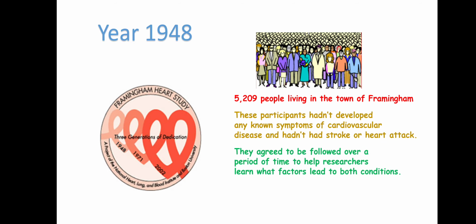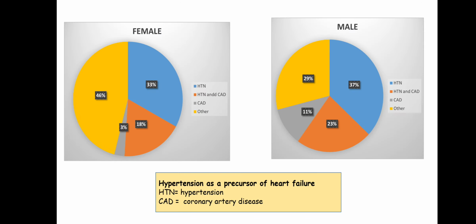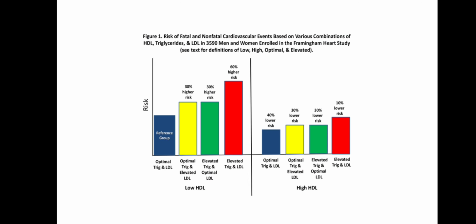They agreed to be followed over a period of time to help researchers learn what factors lead to both the conditions. The study was landmark in several ways. It showed there was no one cause for getting a heart attack, and combining information about several risk factors could estimate the risk of someone getting the disease.